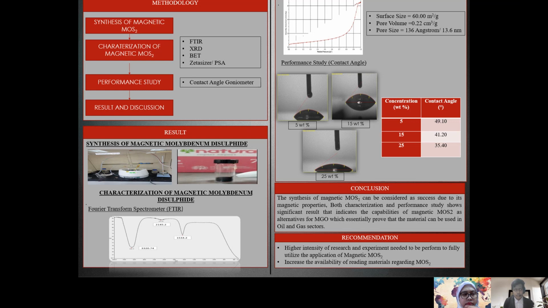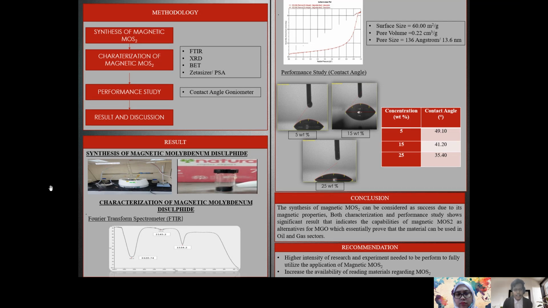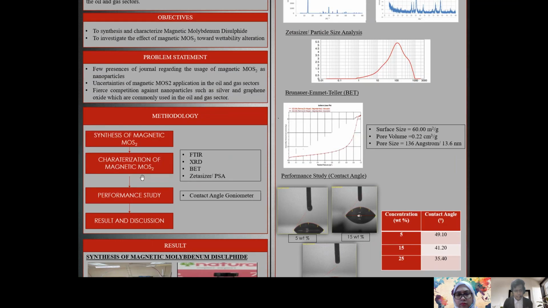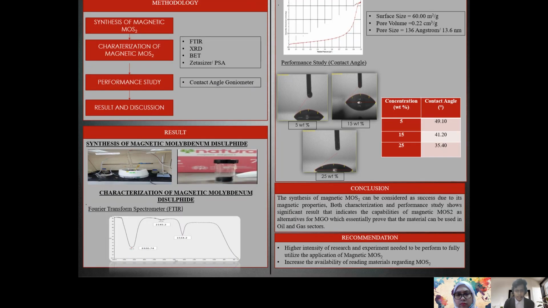This will be the C triple bond H stretching, and the final one will be C double bond C bending, which is considered as aromatic groups. The function of determining the functional group is to ensure that the most suitable or accepted functional group can be applied in the oil and gas sector, as most of the nanoparticles that are already established are also considered to have OH bending, which is alcohol groups.